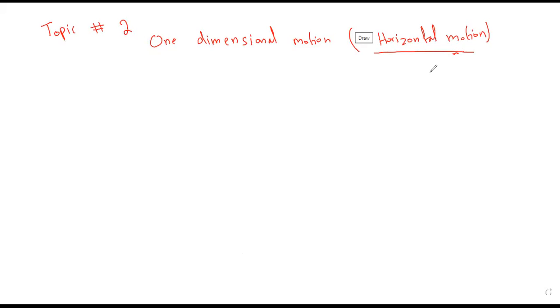Okay, so he would give you some things and expect you to find a few things, and we will do that with the help of some equations. So let's write down those equations first, and then you'll see how to use them. Okay, so let's get started.